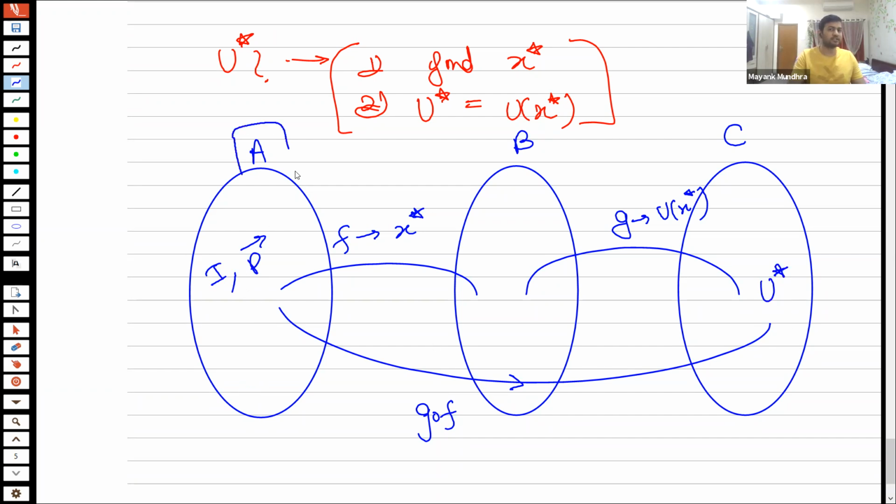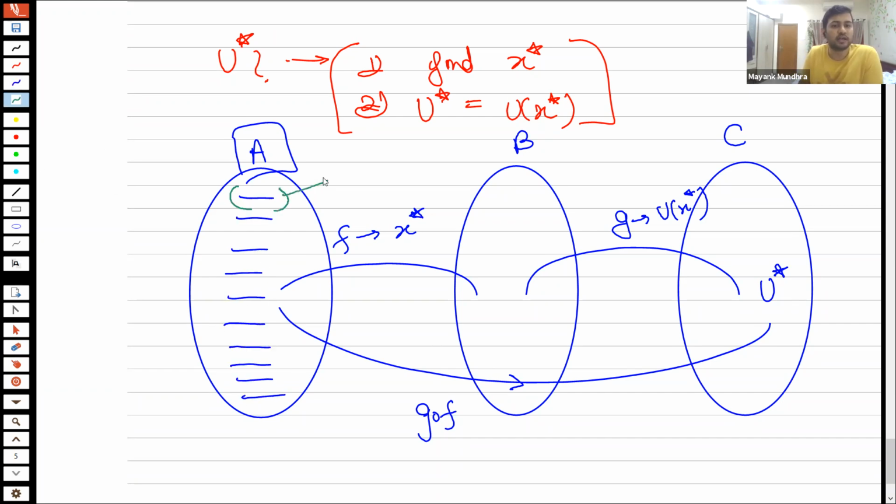So A is basically the set of incomes and prices of different individuals. Suppose you are studying 10 different individuals, and each of these individuals has a particular income and they are living in different cities, let's say, so they face different price levels. So each individual is living in a different income and price vector regime.